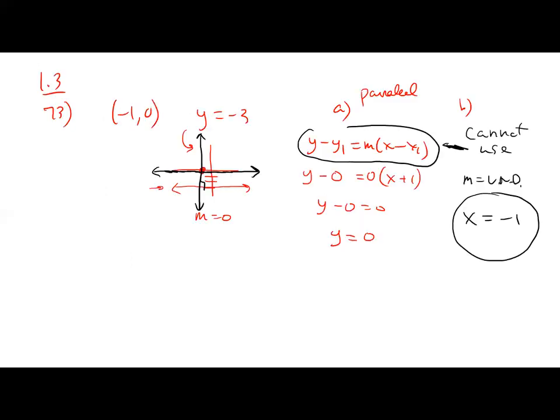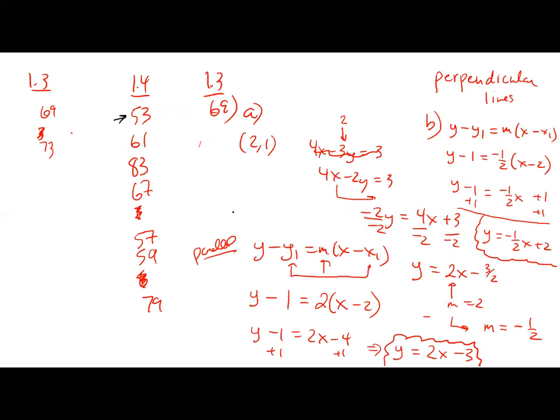All right, good as well. Okay, boom. Next. 57, 59, 61 in a row. So let's jam 57.